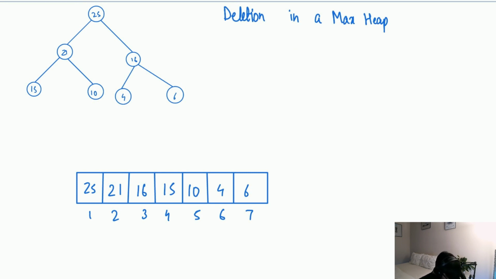Okay, let's try to understand deletion in a max heap. Starting with the first property, or the first rule of deletion in max heap: we always only remove the root node from our max heap. And this is done so that when the root node is deleted, the next highest element can take up that position and thus maintain the heap structure.